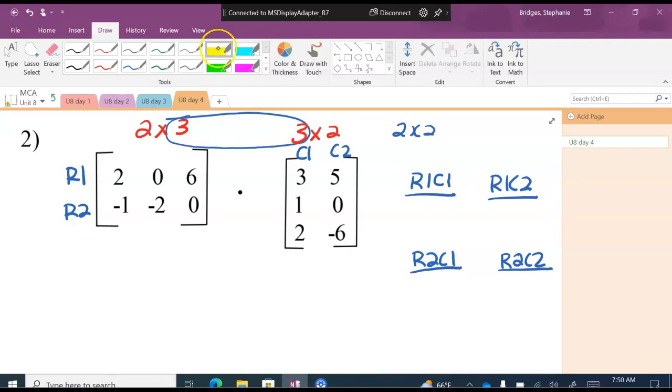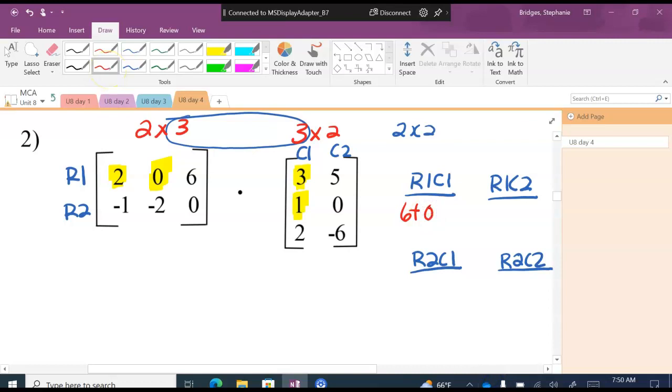Now it's exactly the same that we did on Friday. We start with the first element in each one. We're going to multiply 2 times 3. That gives me 6. Then we're going to multiply 0 times 1. Remember, across with the left, down with the right. 0 times 1 is 0.